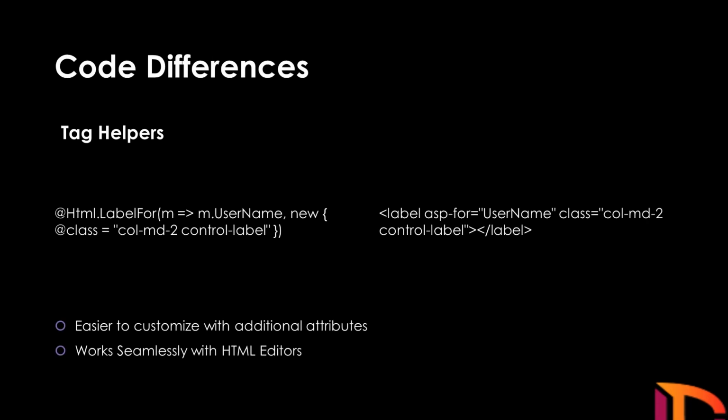So these are some of the code differences which help us use various other editors. Initially in MVC, we have the Razor format, which includes C# or Visual Basic coding with our HTML. You can see this Html.Label is an HTML helper that the .NET Framework offers us.